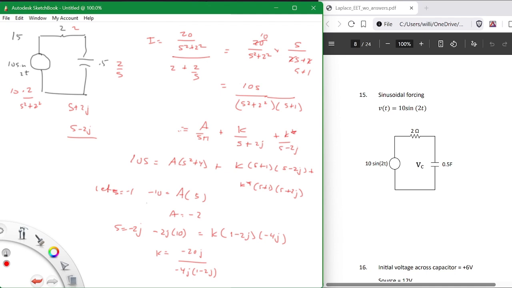When it's you let S equal minus 2 again, I think where it should be like S equal 2 again. No, I want it to equal to minus 2j because I want this term to not equal 0. This term, if I let it equal minus 2, this one goes away, this one goes away.